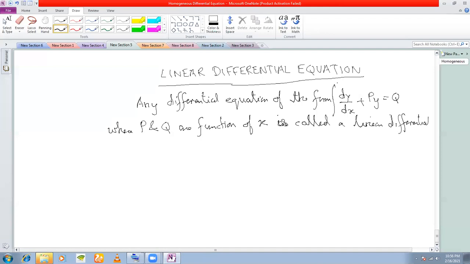Remember this form, very important form. Dy dx plus py is equal to q, where p and q are functions of x. Whenever you get an equation in this form, it means it is a linear differential equation.